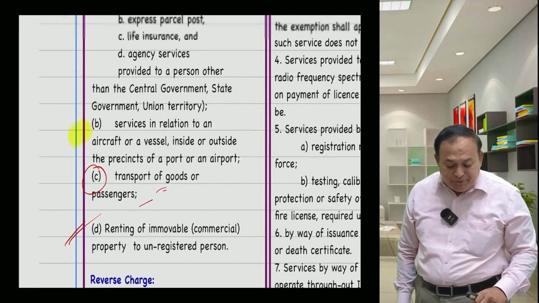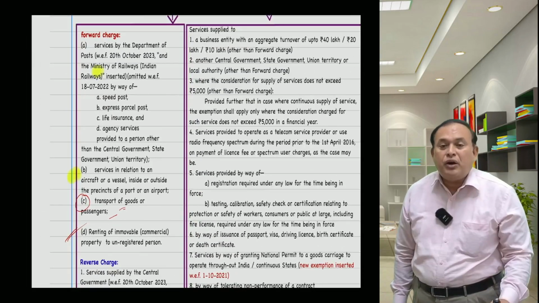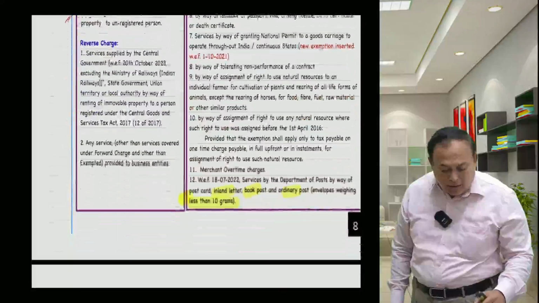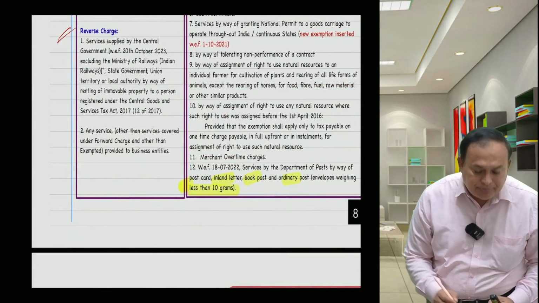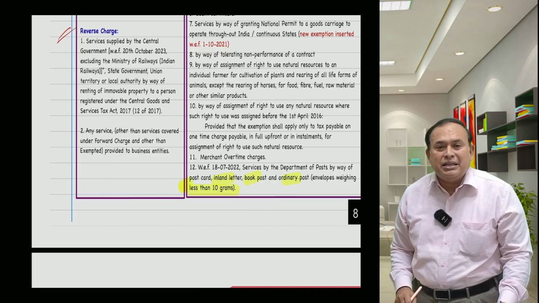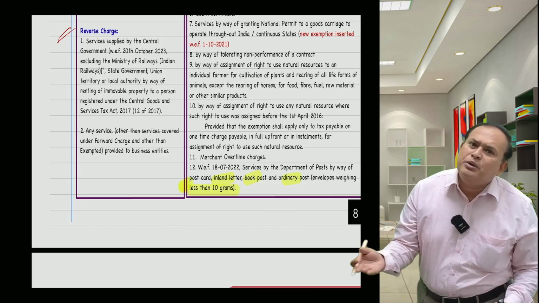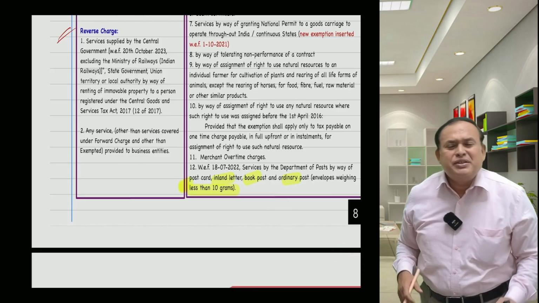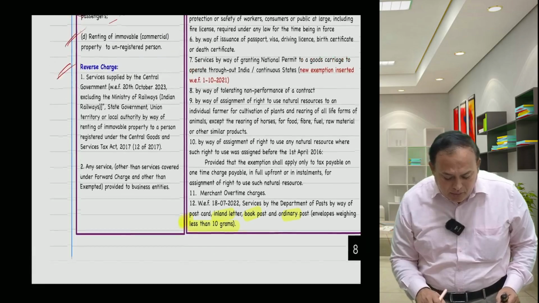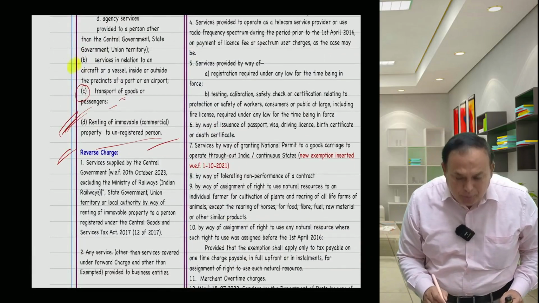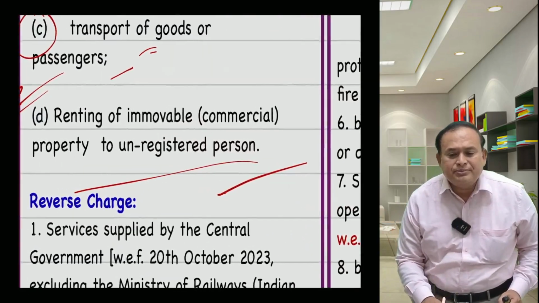Other than this forward charge, all are called reverse charge. If the government provides renting of immovable property on a commercial basis to a registered person, the recipient is only liable to pay GST. If the recipient is an unregistered person, forward charge, the supplier is liable to pay GST.